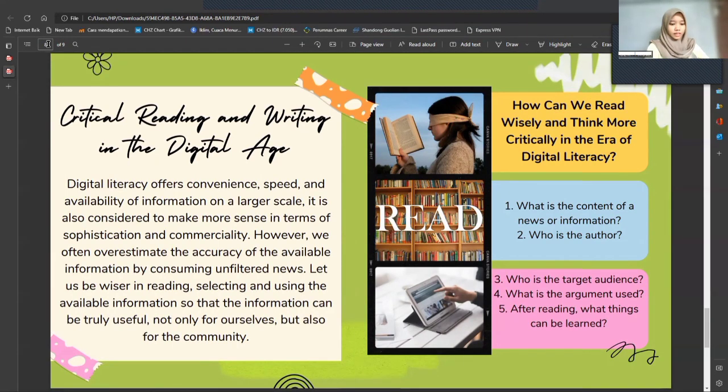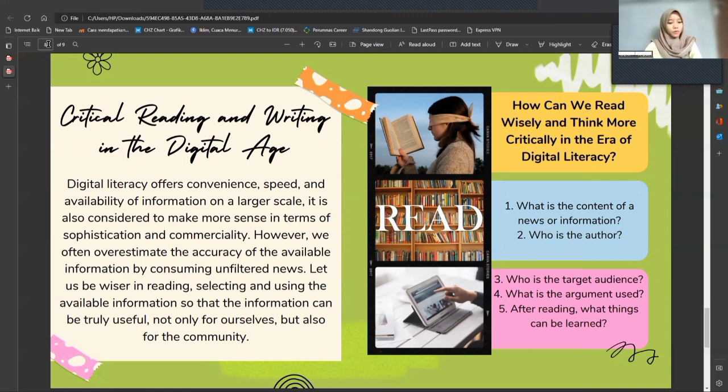The first is what is the content of news or information? The content of a news story can be in the form of exposure to facts, provocation, inspiration, and so on. There are many polemics plus provocation news both in conventional media or social media.